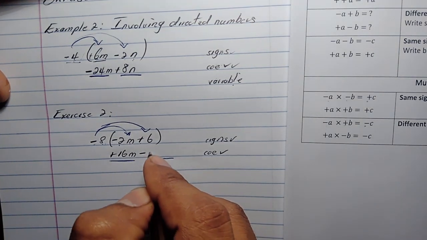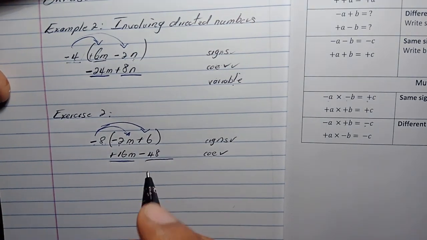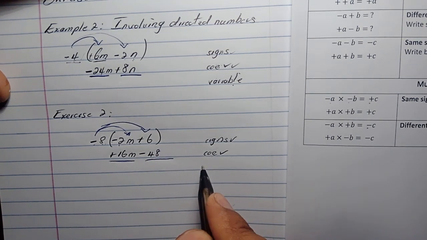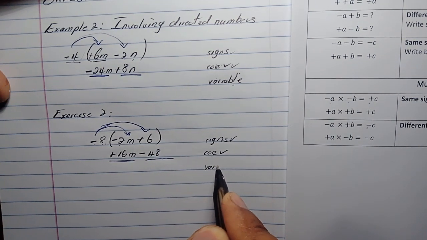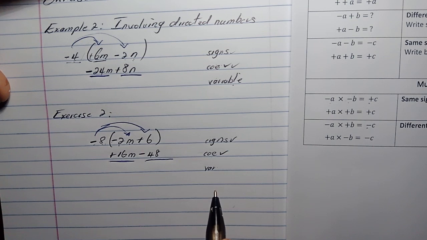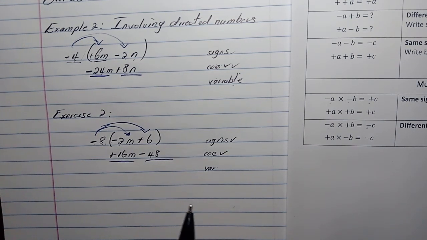I'm just putting 48 here. We have no variable here, so you don't have to worry. Okay, so this is it. I hope you would have gotten your answer correct. You should feel proud of yourself. If you have not gotten it correct, try it again. You will get it. Thank you so much.